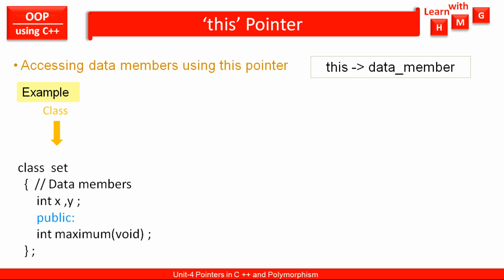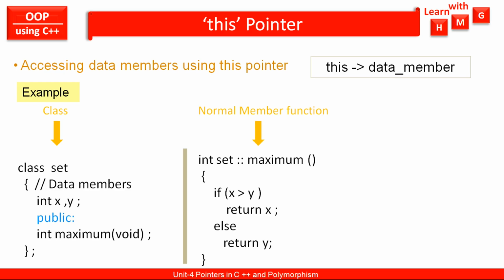Set is a class having two data members x and y, and maximum is a member function which returns an integer type of value. The maximum function is going to find which number out of x and y is maximum or greater. So let us have the normal function definition.